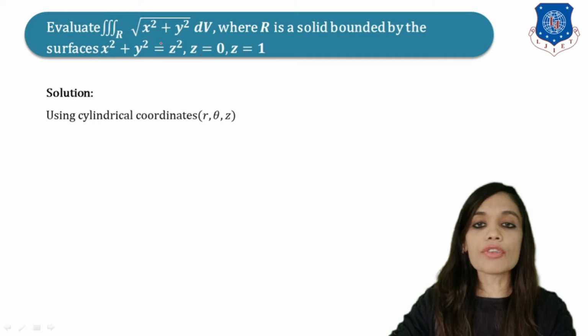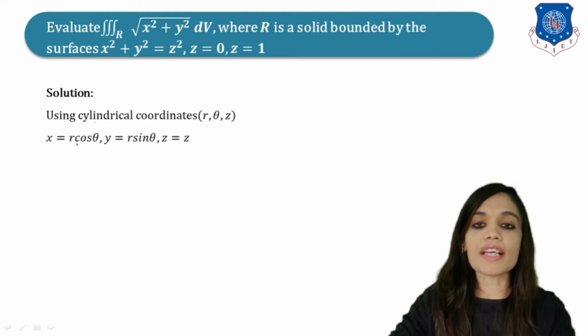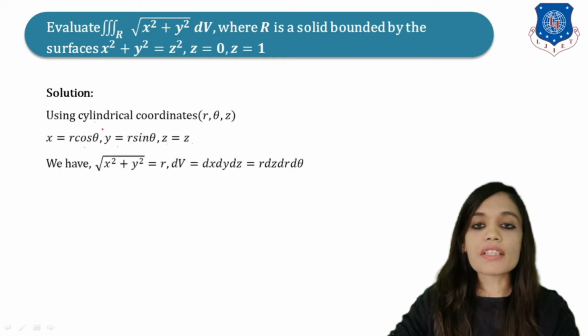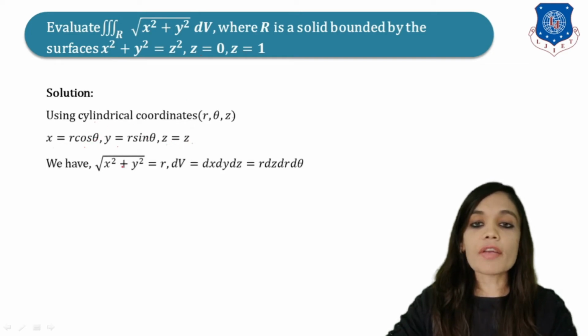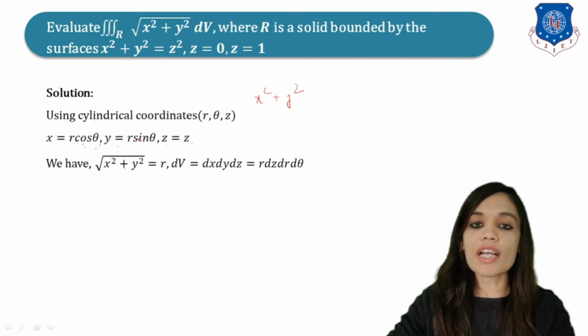So here we will evaluate this using cylindrical coordinates r, theta and z. So we will assume x as r cos theta, y as r sin theta and z as z. Therefore from this we can say x square plus y square equals r square, right? Because x equals r cos theta and y equals r sin theta.